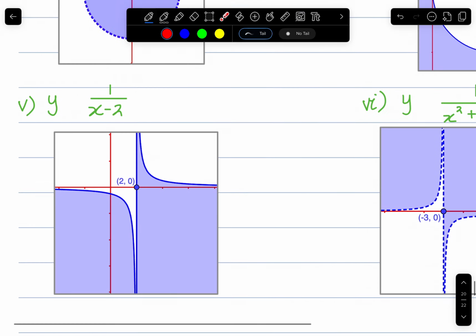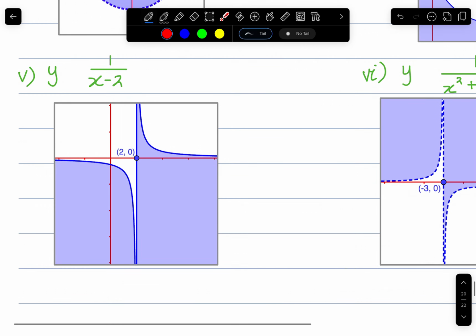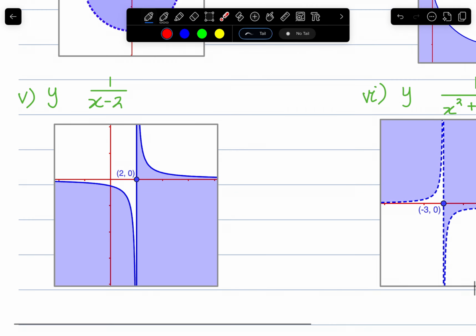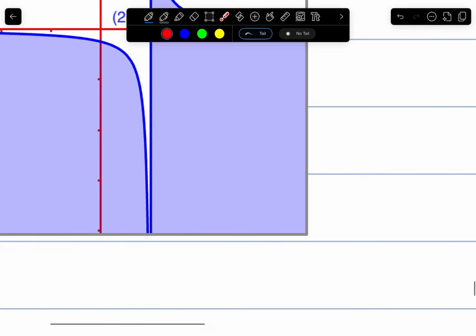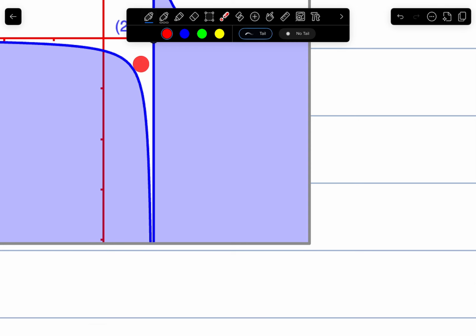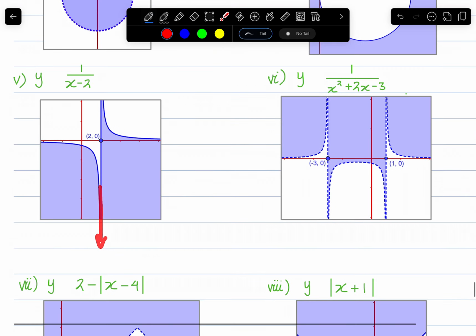Okay, let's keep going, getting more and more complex. This one is a hyperbola. The asymptote is shown here at 2, 0. For this one, it's very tricky in that there's this very thin strip that is not highlighted all the way down to the asymptote.